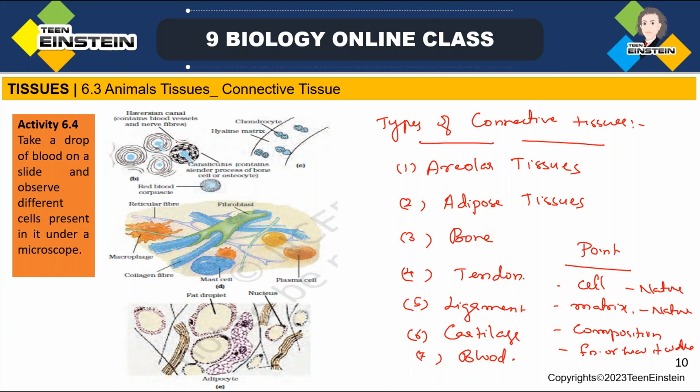If you are very clear about the diagram, you can give the diagram also. And while writing, you should mention the arrangement of cells, whether they are tightly or compactly arranged or very loose. Areolar tissue, adipose tissue, bone, tendon, ligament, cartilage, blood are all different types of connective tissue. Clear?